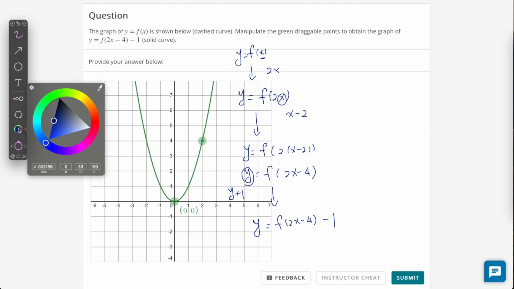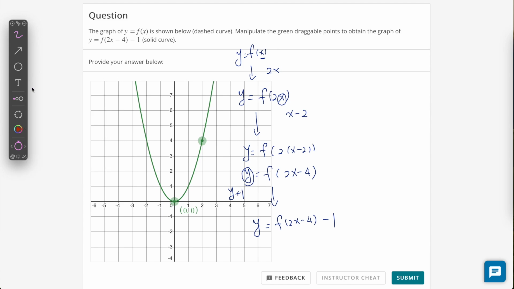Alternatively, we can use this color. f of x. Instead of applying the horizontal scaling, I can do translation first. So that is to replace this x by x minus 4. So I have y equals f of x minus 4.